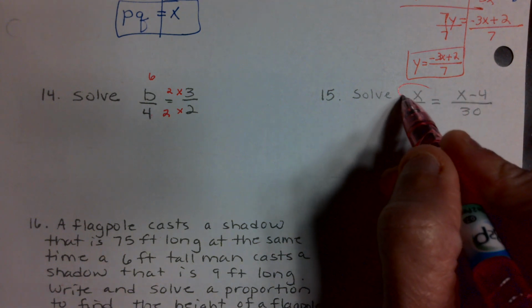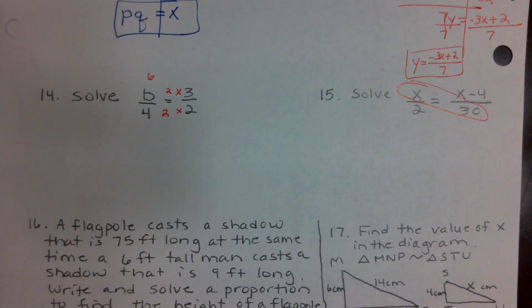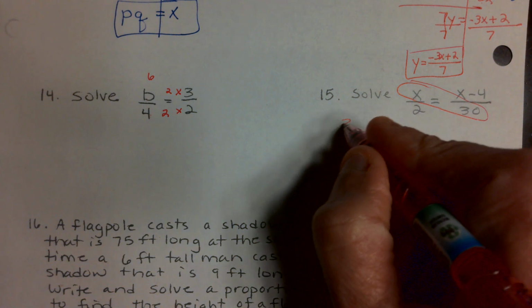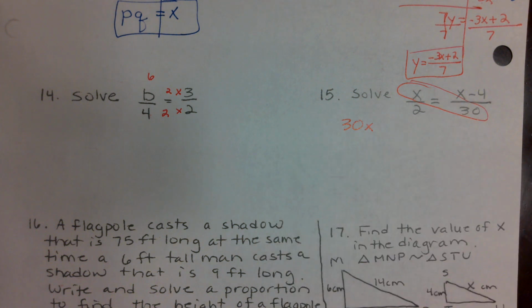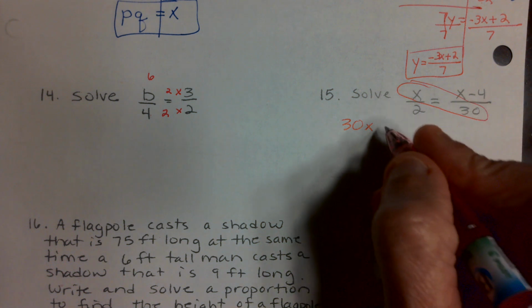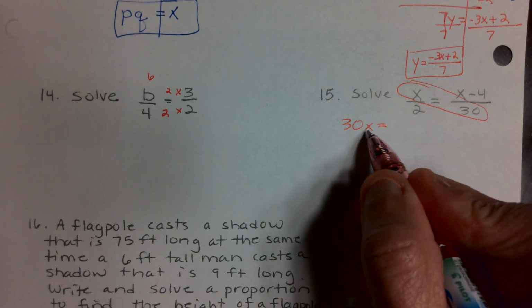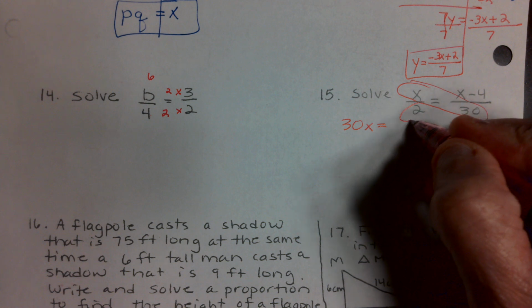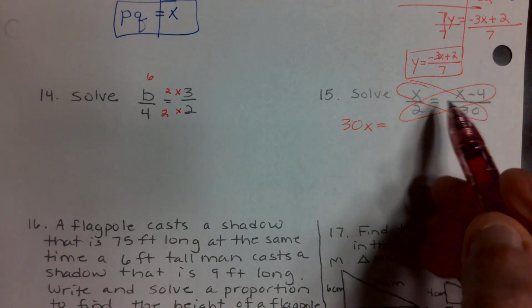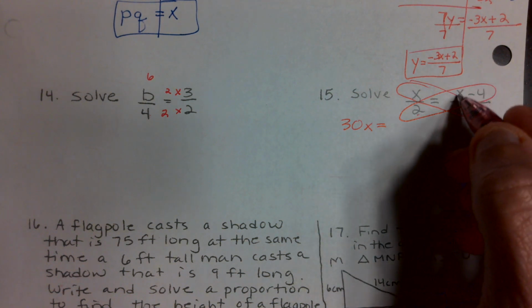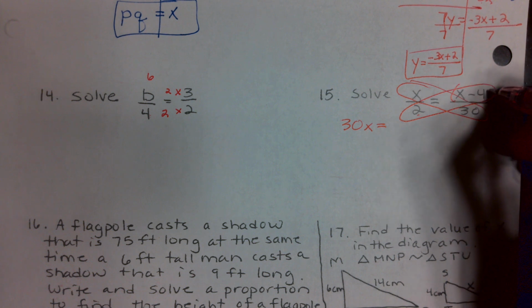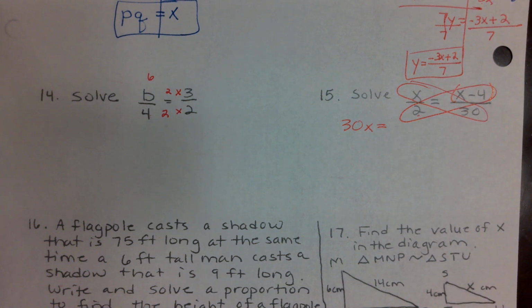but we're going to cross multiply. So what is 30 times x? Just 30x equals, I usually put the number before the variable. And now here's where you got to be careful because it's 2 and everything up here is really, it's like it's in a parenthesis.